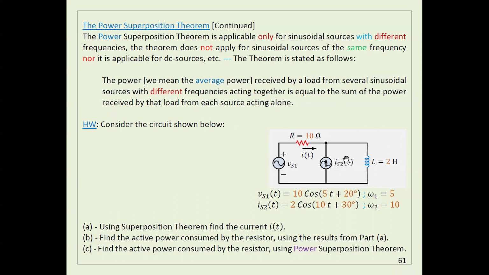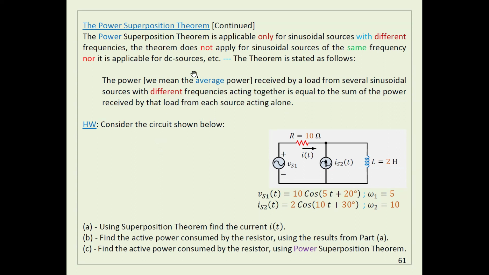For example, if I want to calculate the average power and I have two sources with different frequencies, I can keep one and remove the other, calculate the power, then keep the other and remove the first. But again, this is only true for average power, and only when you have different frequencies.